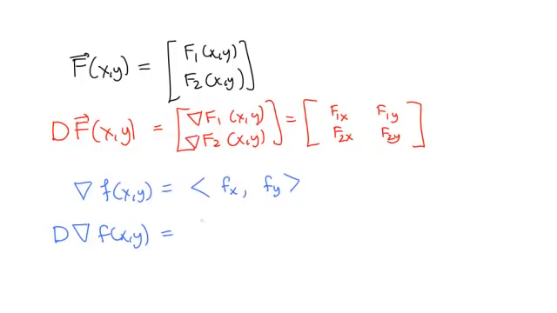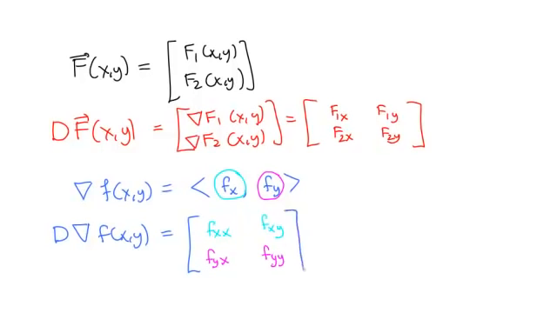Well, the second derivative is going to be a matrix whose first row is the gradient of the first component. So the partial derivative of fx with respect to x, and the partial derivative of fx with respect to y. The second row of the derivative matrix will be the gradient of fy. So fy's derivative with respect to x, and fy's derivative with respect to y.